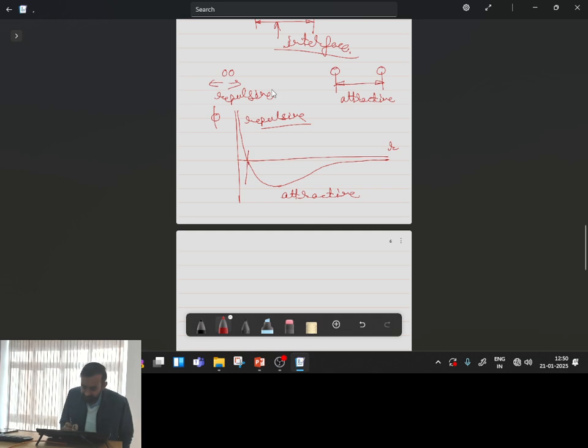That is the reason these repulsive forces are called short range forces, because they come into the picture only when intermolecular distances are very small, whereas the attractive forces come into the picture when intermolecular distances are sufficiently large. So these types of forces are called long range forces.